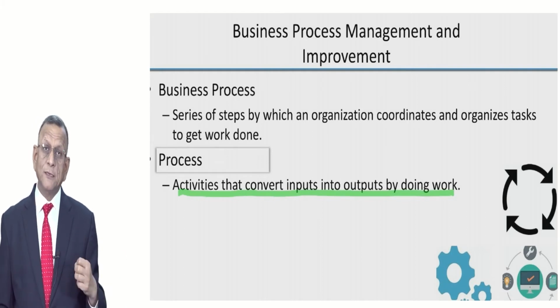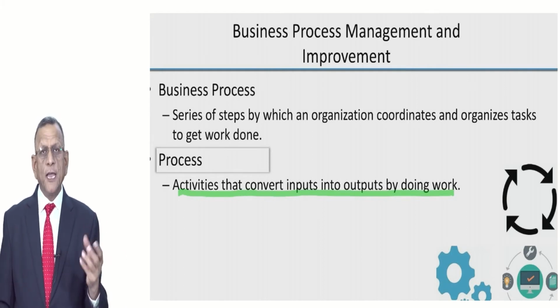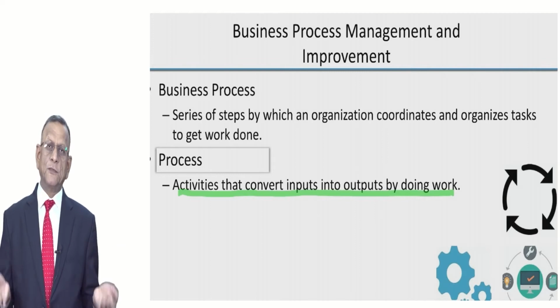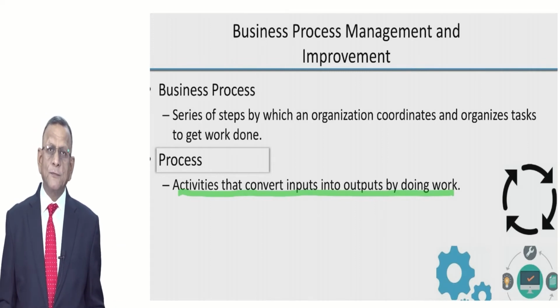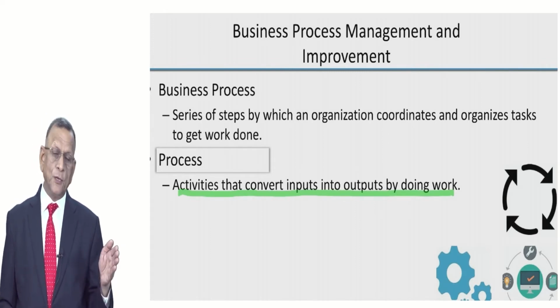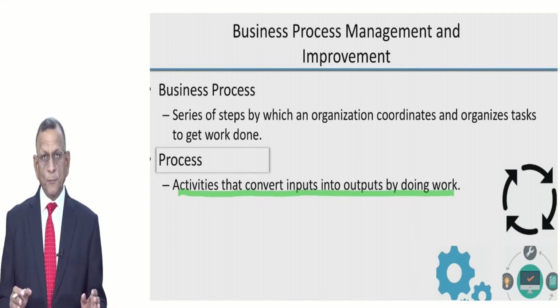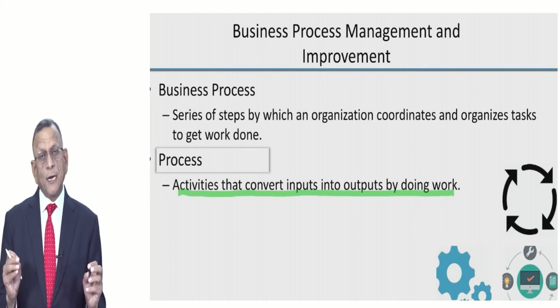Milk has to be bought, milk has to be procured. If the milk is not available, then what will this boiling process do? So milk procurement is also a process. This is the way we understand process.